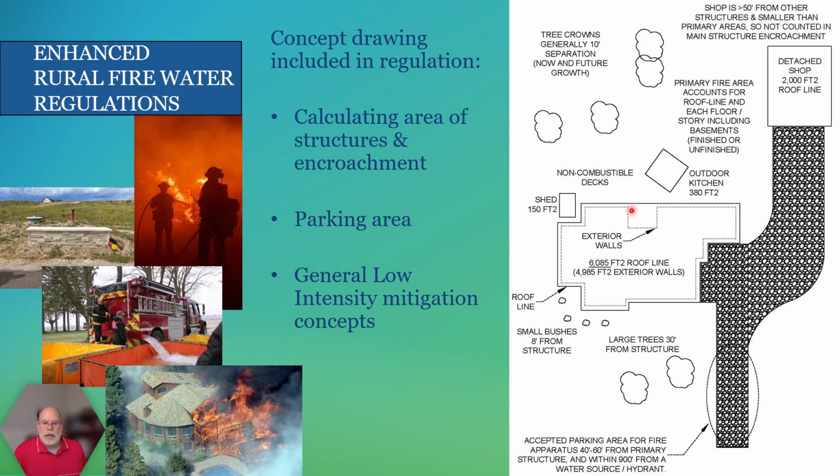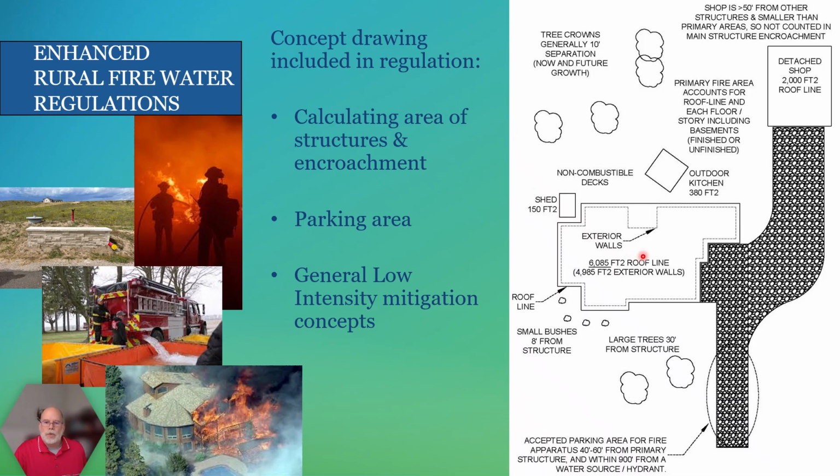The area we're interested in is the roof line, which is not going to be the same as what's advertised in the conditioned space or the real estate criteria. The real estate criteria may promote this as a 3,000 square foot house. However, we're looking at the roof line, and we're also going to look at each floor, and that includes basements, either unfinished or finished. Unfinished basements often have a higher fuel load than a finished basement.